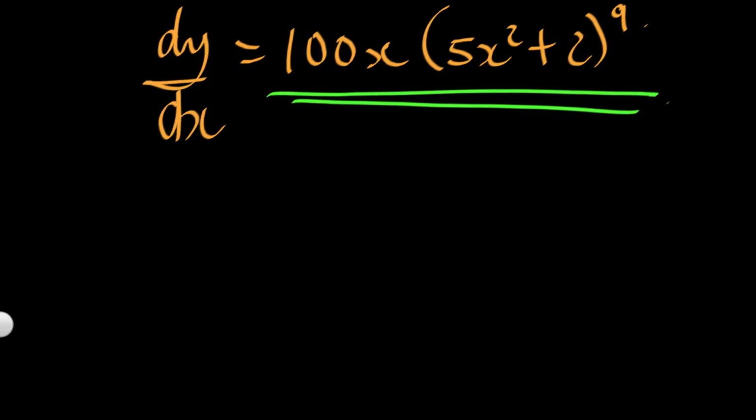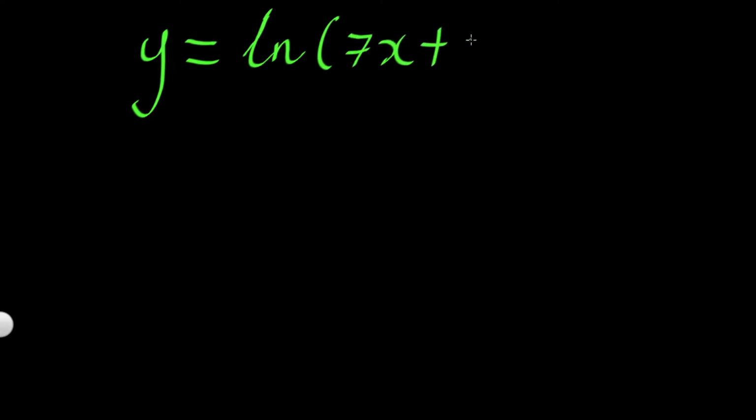I'm going to use the chain rule again on differentiating a function like y equals ln, the natural logarithm, of 7x plus 8.